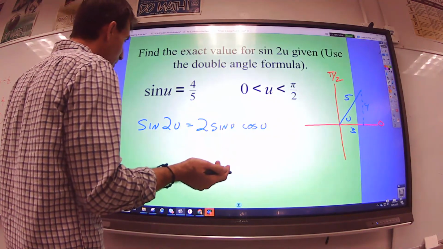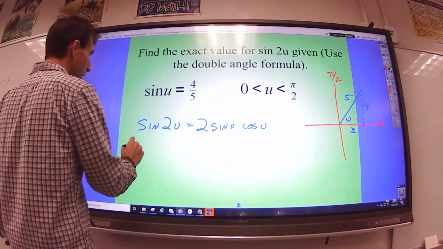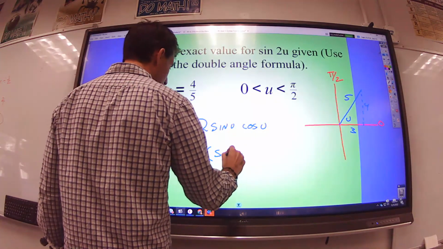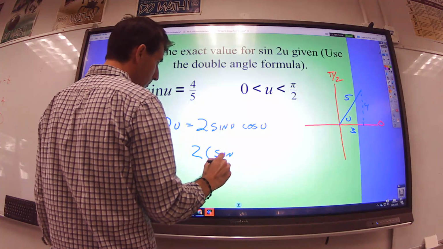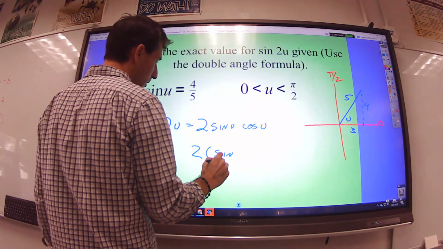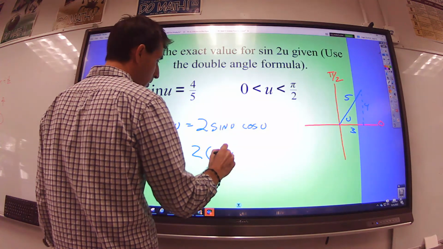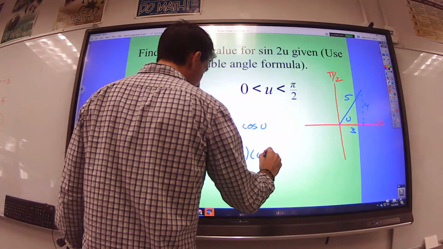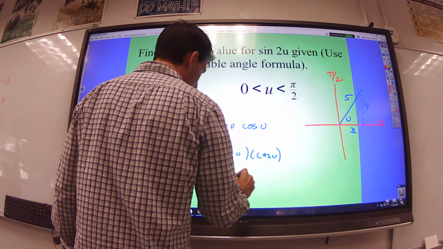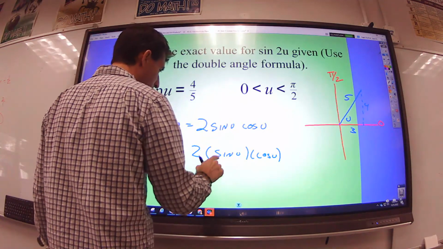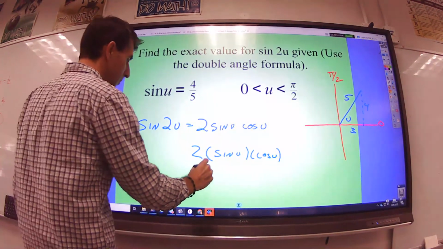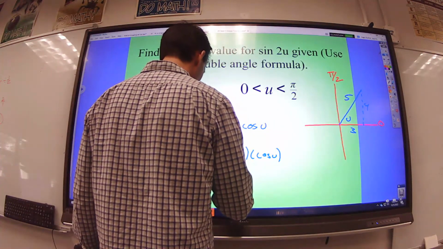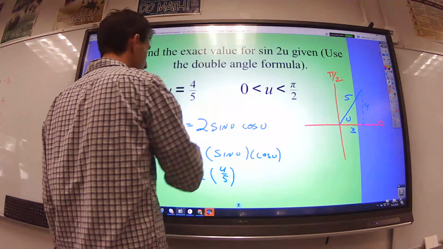Anyhow, now that we know all that, the double angle formula, sine of 2u is equal to 2 times sine of u times cosine of u. Sorry, I just rewrote everything. What is sine of u? 4 over 5.